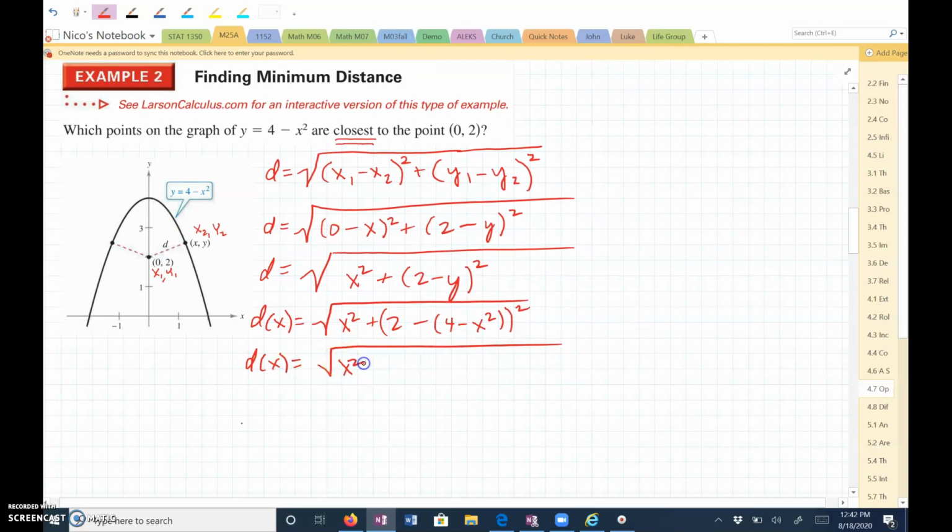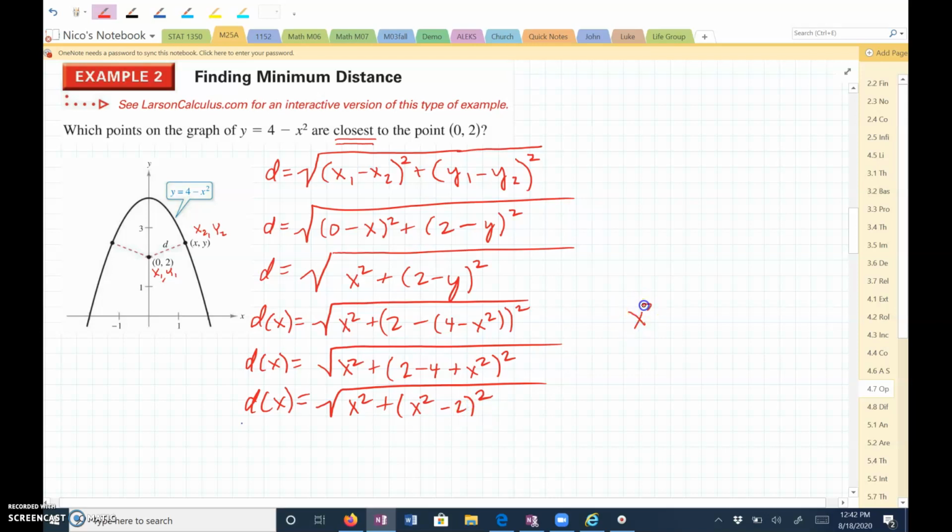And let's see here. This is going to be 2 minus 4 plus x squared, squared. This would be x squared minus 2, squared.